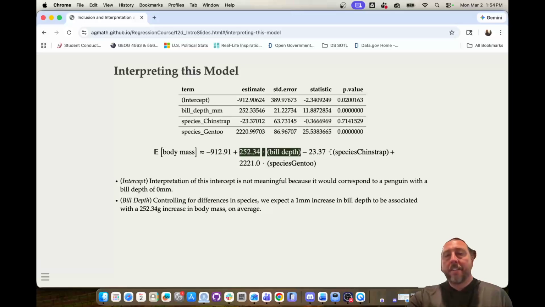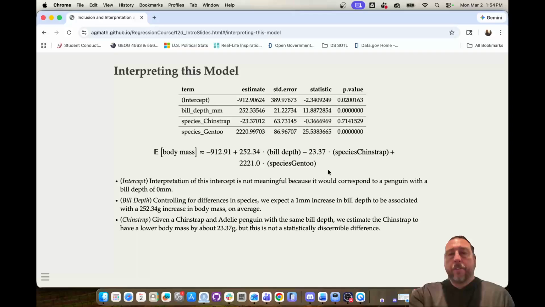You'll notice that this is the same across all of the species, and we'll look later at how to account for the fact that the relationship between bill depth and body mass may actually depend on the species of the penguin. But for now, the relationship between bill depth and body mass is independent of species.